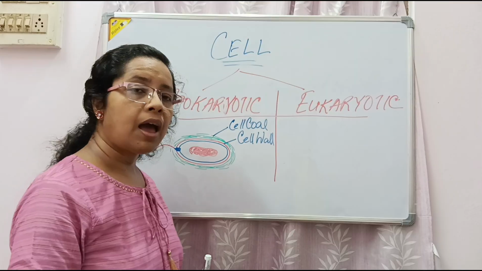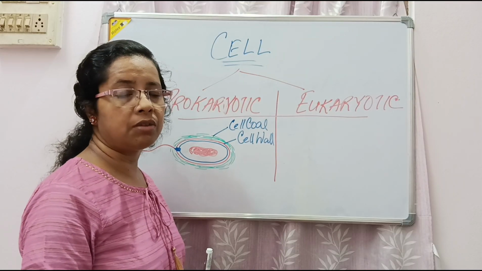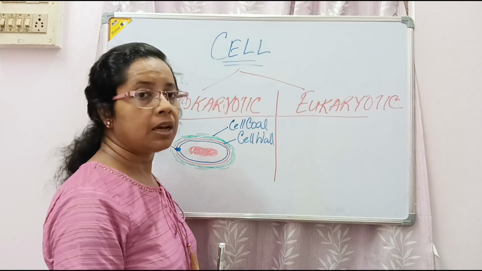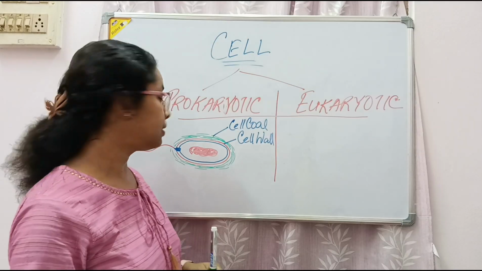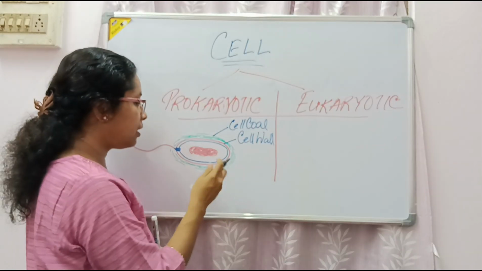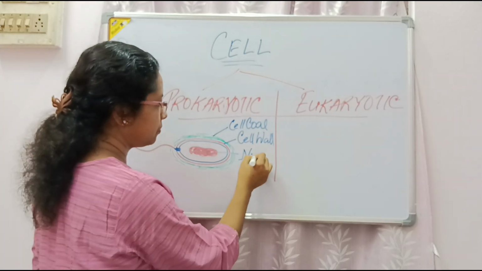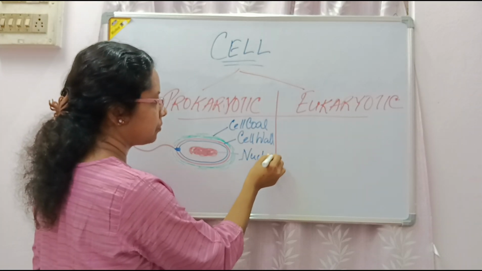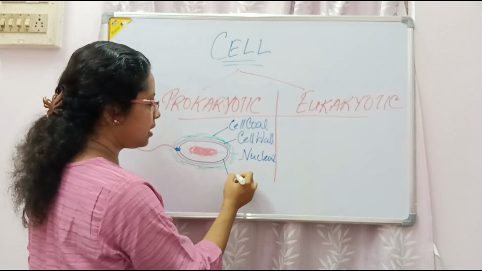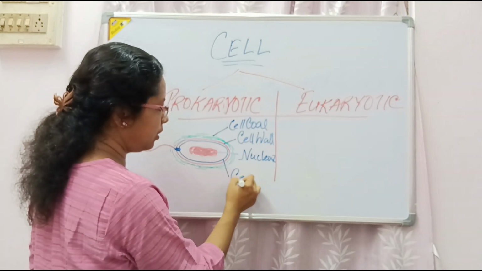The constituents include a high concentration of cellulose in plant cell walls, but in bacteria it is peptidoglycan. Anyway, here we have a nucleoid. The cell membrane is over the level.